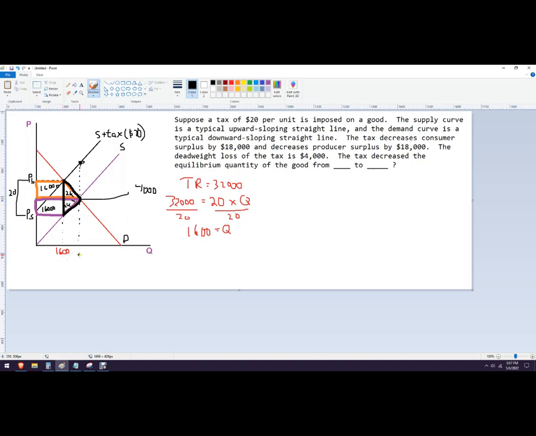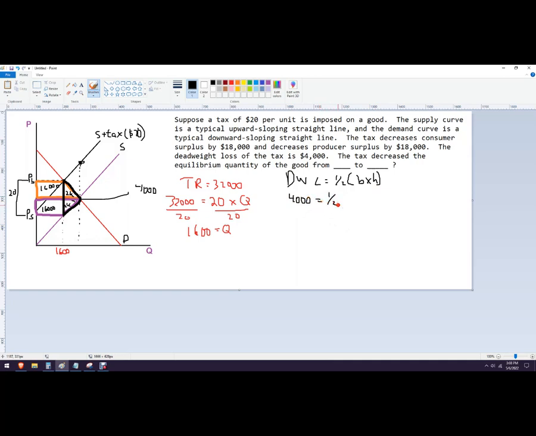I know this part, but I don't know this part, but I also know the answer. So what I could say is that I know the deadweight loss is 1/2 base times height. In this case, I know the base of the triangle, if you're looking at it from that direction. We know that this is 4,000.